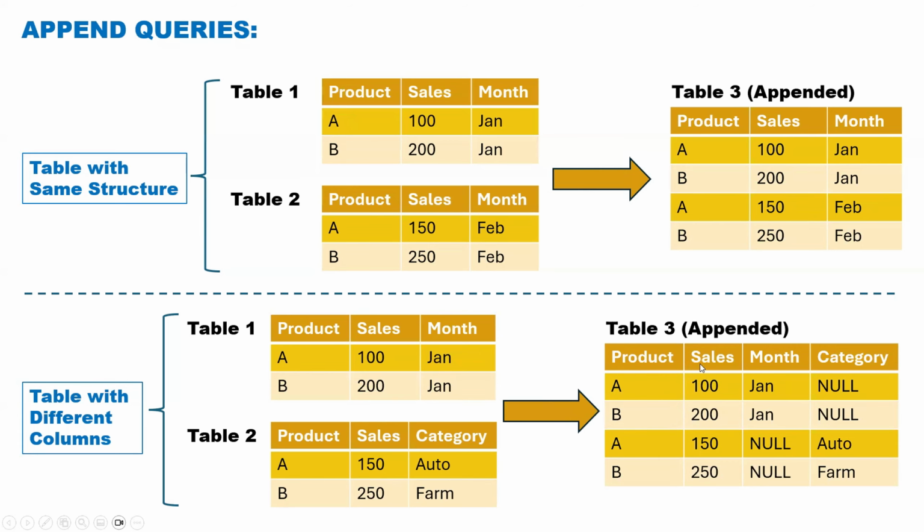The resulting table will have product, sales, month, and category columns. If a particular column doesn't exist in one of the original tables, Power Query will fill those cells with null values in the resulting table. This is how Power Query combines data sets even when their column structures are not perfectly aligned.